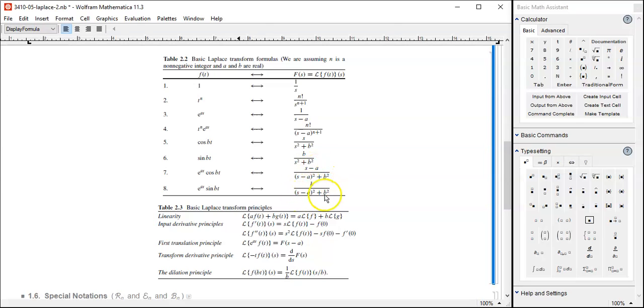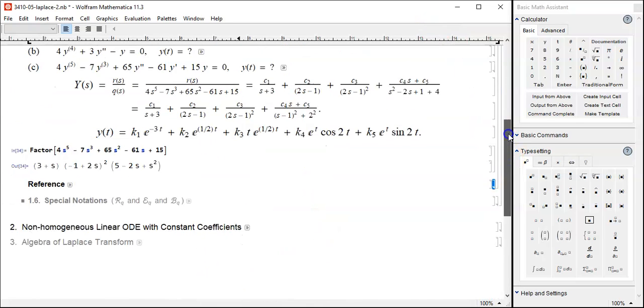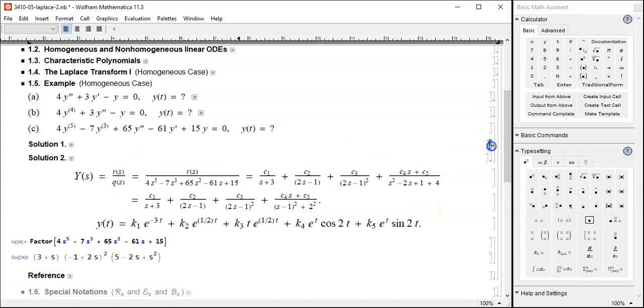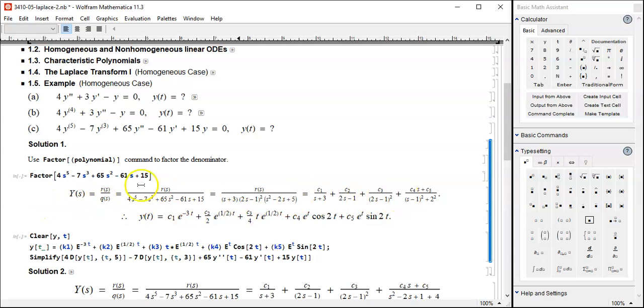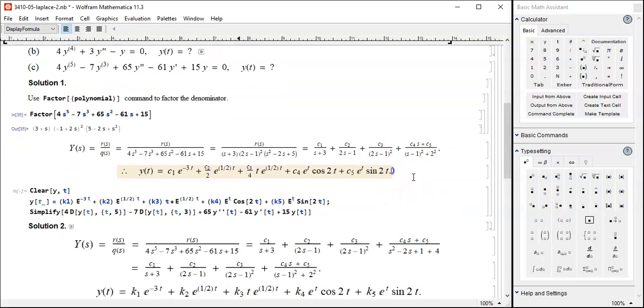S minus a squared plus b squared form: e to the at times sine of bt, and similar ones like those. Oops, I did it again. So that's the solution. Let's see, is that what I have over here? Factored, yeah, like this, and then I got all that, and then yes.